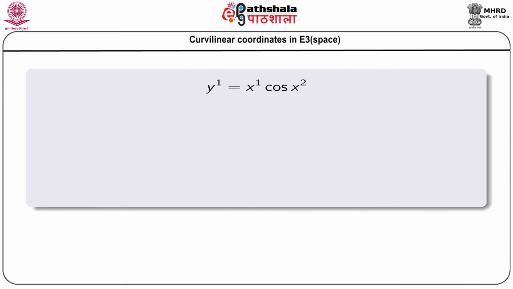Similarly, y1 equals x1 cos x2, y2 equals x1 sin x2 and y3 equals x3. For these transformations on a cylinder, x1, x2, x3 will frame a curvilinear coordinate system on a cylinder.